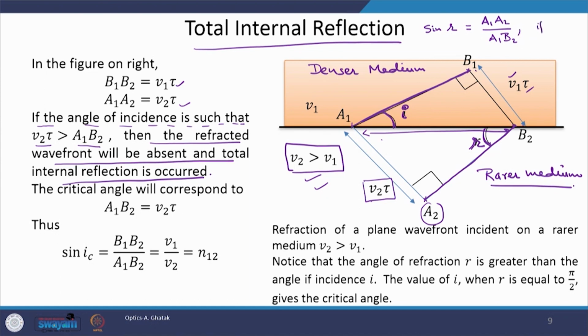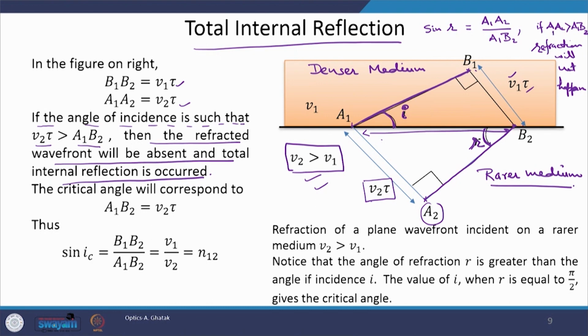If A1A2 is larger than A1B2, the refraction will never happen.